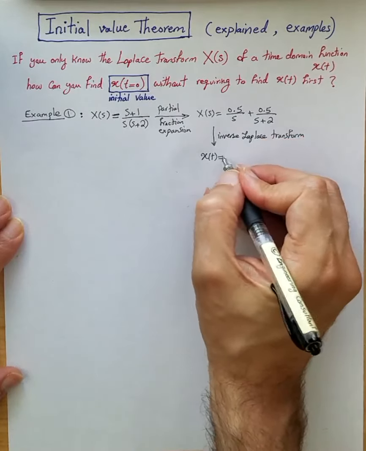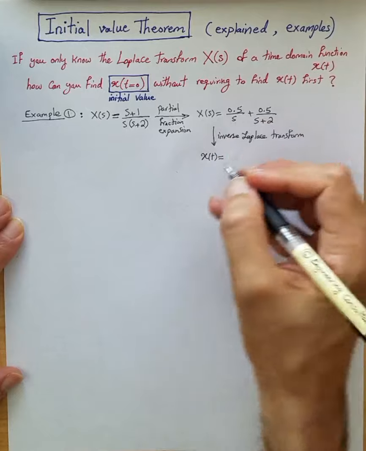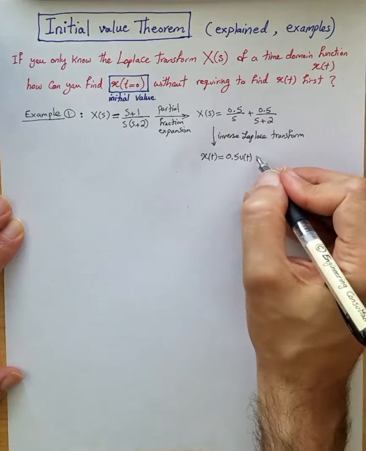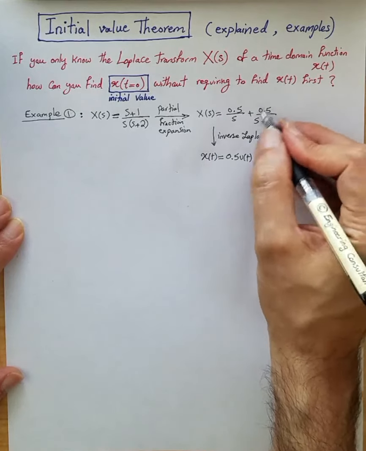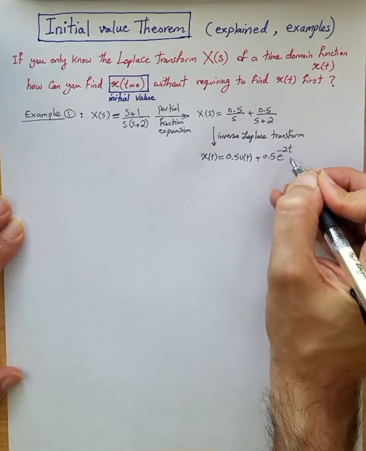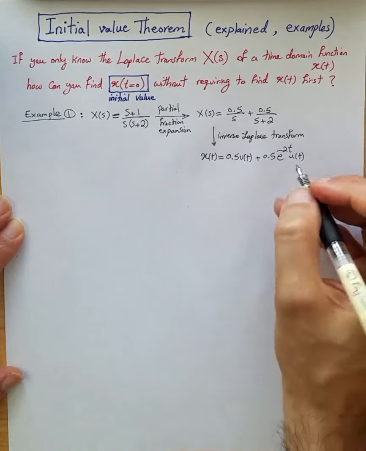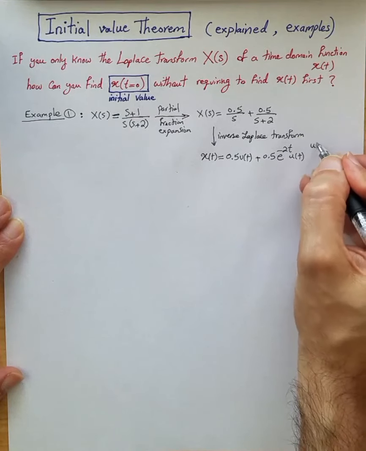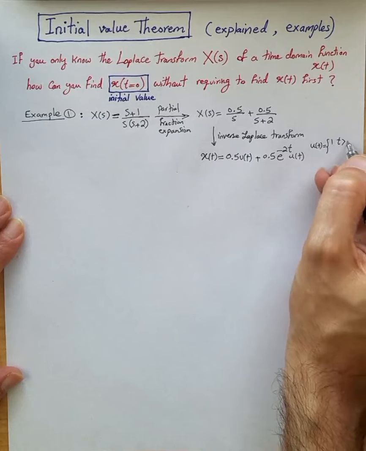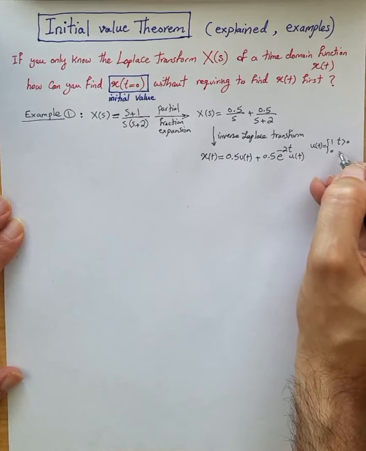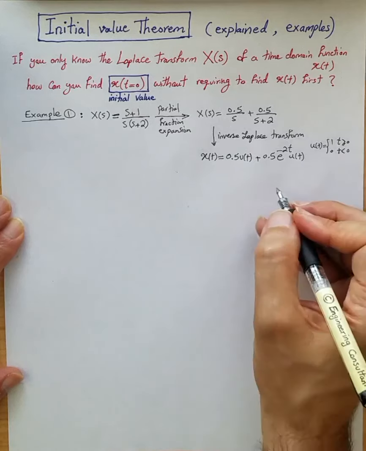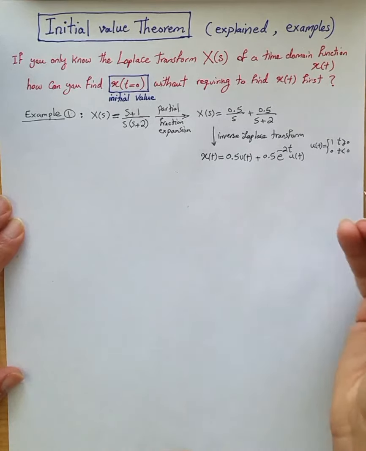In this case x(t), this term is well known to be just 0.5 u(t), and u(t) is the unit step function, and the other one is just a simple exponential, 0.5 e to the minus 2t u(t). As you know, u(t) is 1 for t greater than 0 and 0 for t less than 0. You can also assign it for t equals 0.